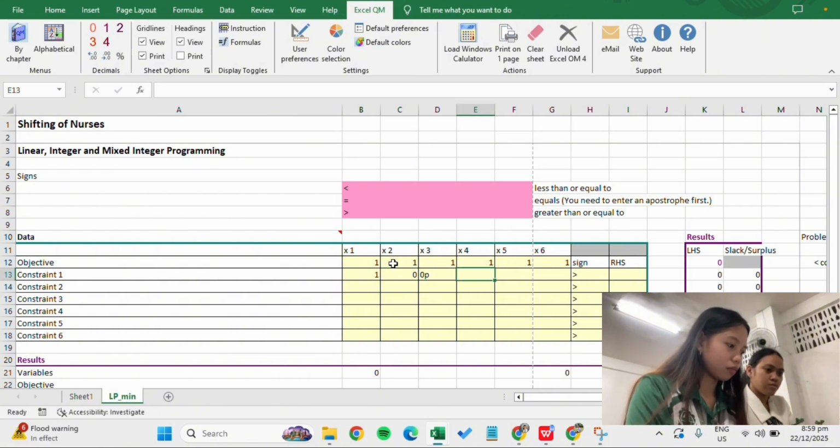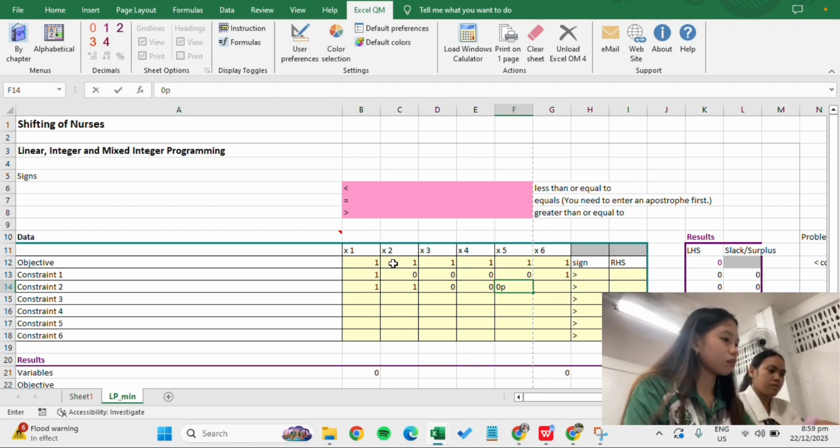X4, 0. X5, 0. X6, 1. Constraint 2: X1, 1. X2, 1. X3, 0. X4, 0. X5, 0. And X6, 0.